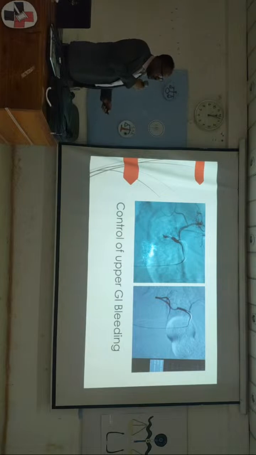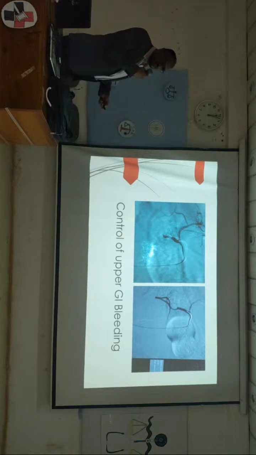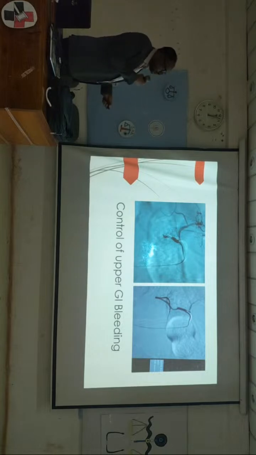Here in this patient presenting with massive upper GI bleeding, we go to the gastroduodenal artery here, and we didn't find a lesion. There is no pseudoaneurysm, there is no leaking, there is no fistula. So we did empirical gastroduodenal artery embolization.